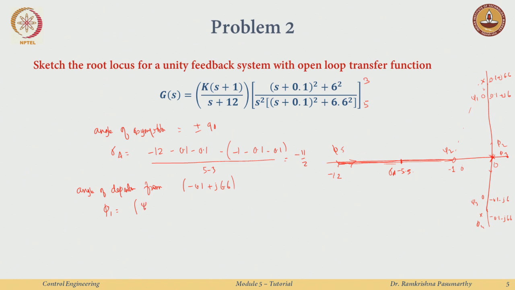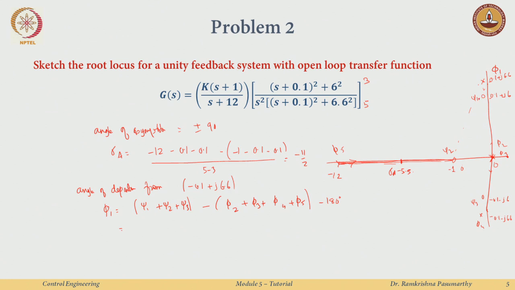So, I will just say angle by all the zeros minus all of these, phi 2 plus phi 3 plus phi 4 plus phi 5, because there is no angle contribution from phi 1 to itself. Okay. And then to get the angle of departure, I just add an angle of minus 180 degrees here, right. Okay. So, let us compute each of these angles.